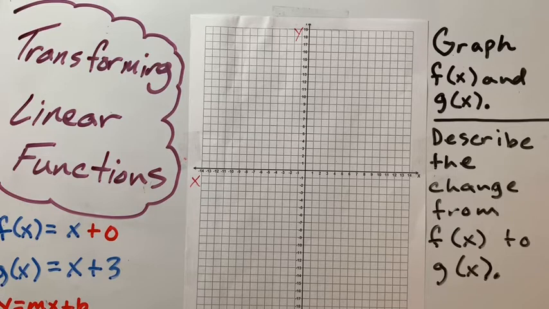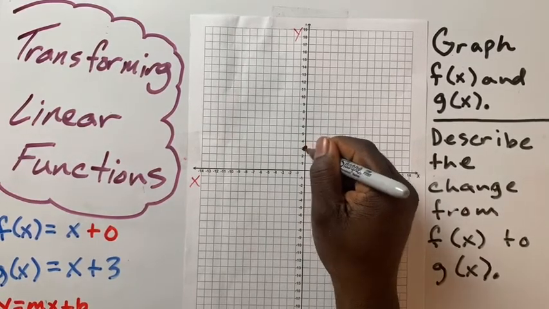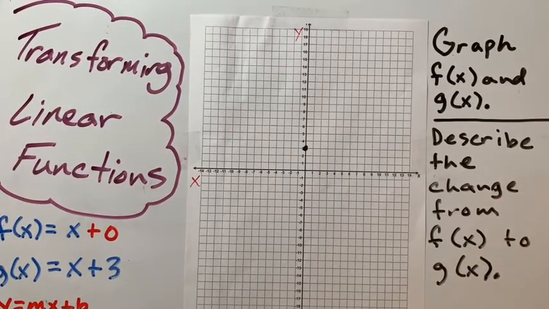The first thing we do is plot the y-intercept, and in this case, the y-intercept is 3. So let's go ahead and do that. Y-intercept is 3. I'll put a point right there. And then the slope, which is in front of the x, is 1, which is 1 over 1.